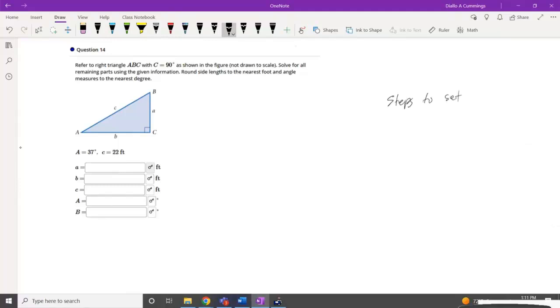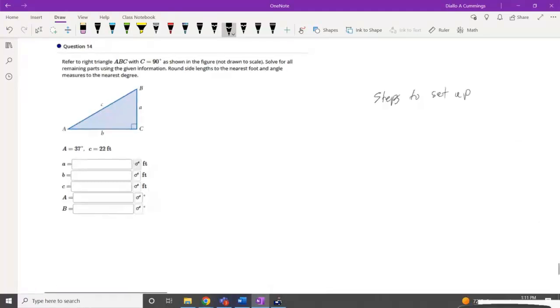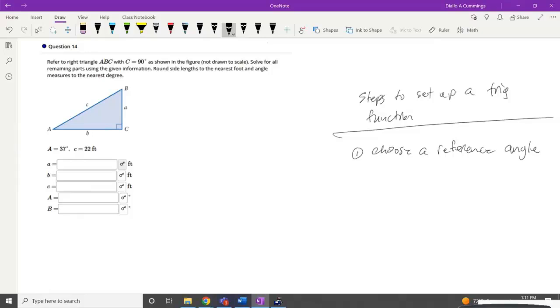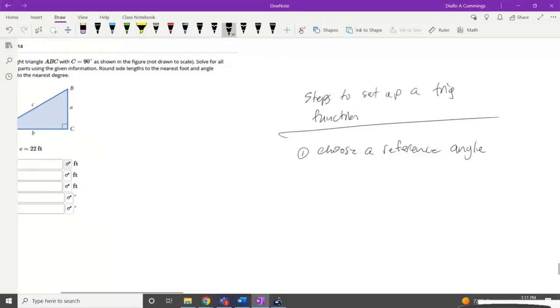Steps to set up a trig function. The first thing is you have to choose a reference angle. All right. So what is a reference angle? A reference angle simply means an acute angle.